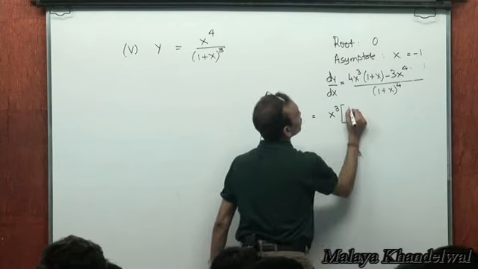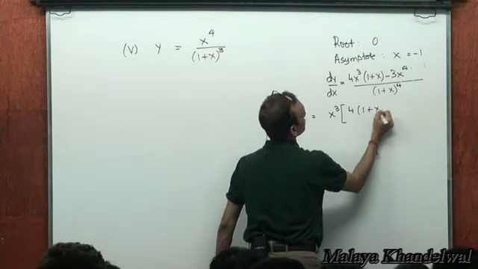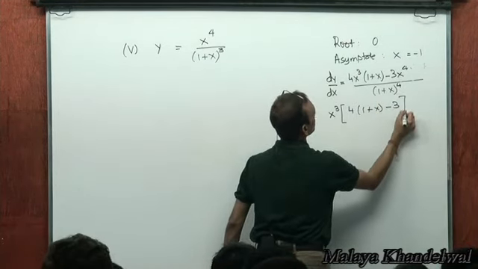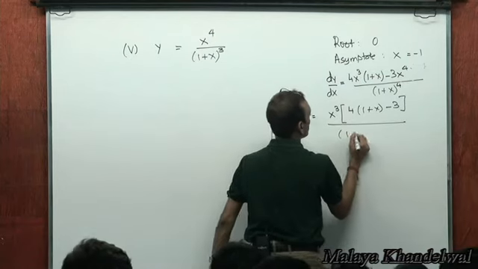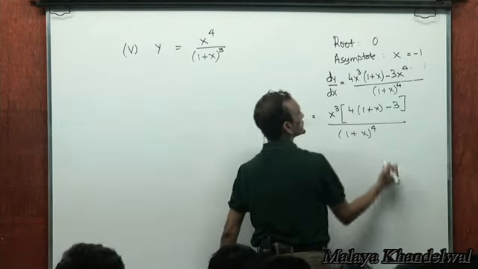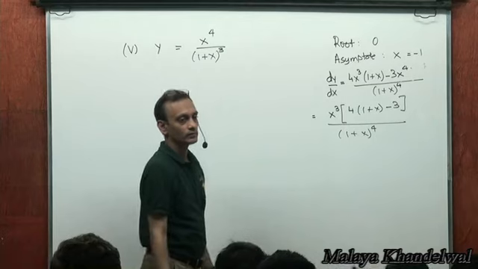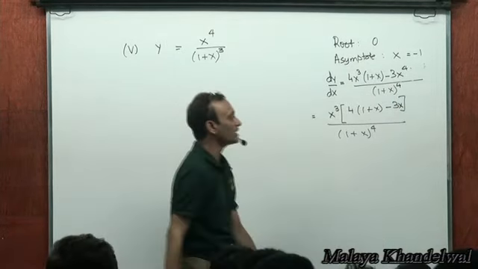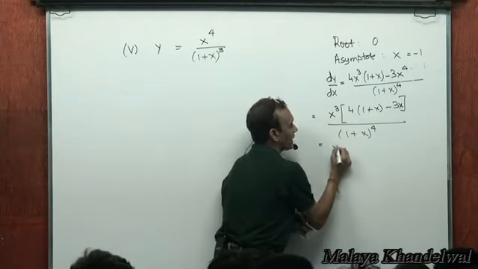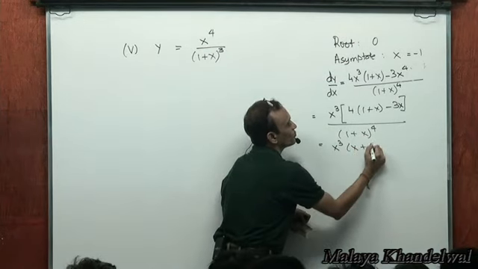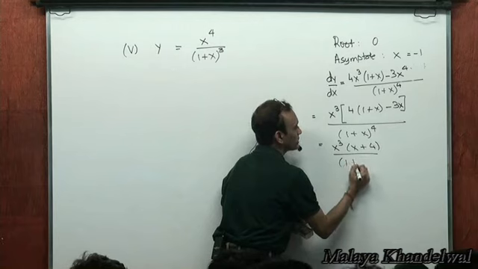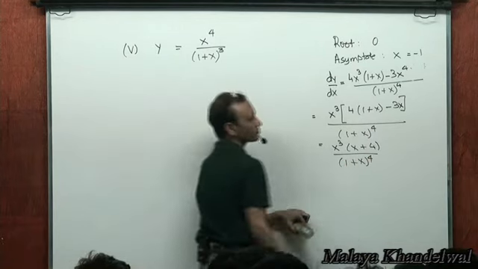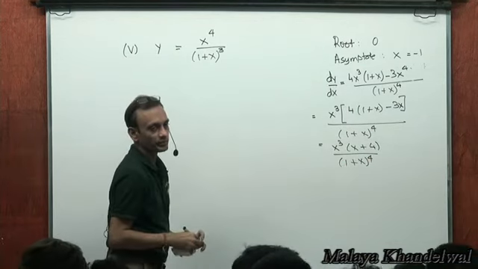So x cubed into 4 into 1 plus x minus 3x, sorry, minus 3x, divided by 1 plus x whole to power 4. Which is like x cubed into x plus 4 divided by 1 plus x power 4, right?